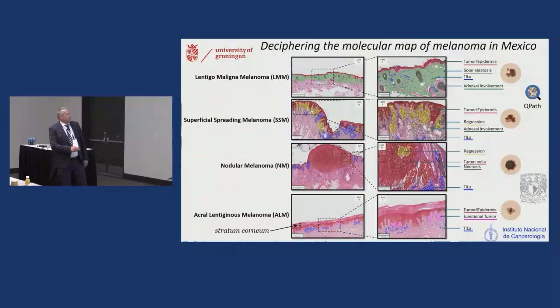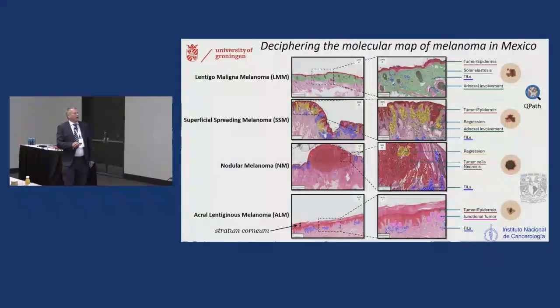Here you have the 4 subtypes. Here you have the lentigo maligna melanoma, which is sun exposed, and you can see with the digital pathology annotation that solar elastosis is characteristic of lentigo maligna melanoma, and it is represented here over a large surface.